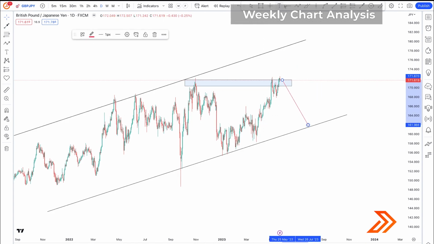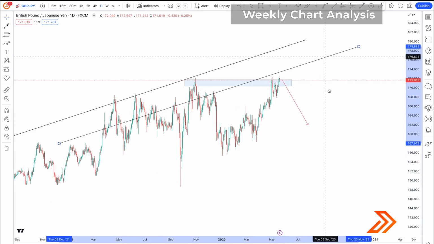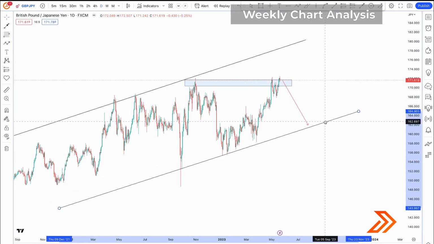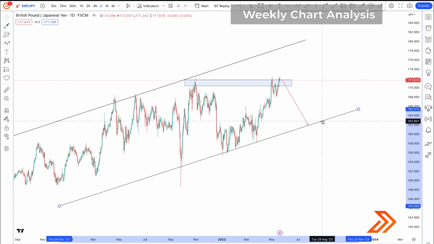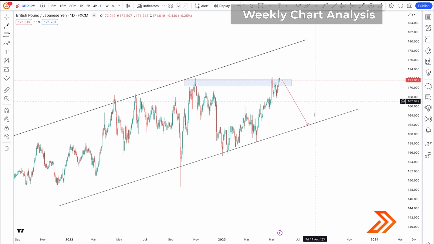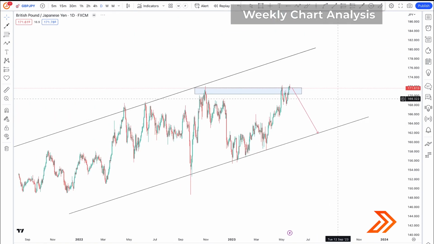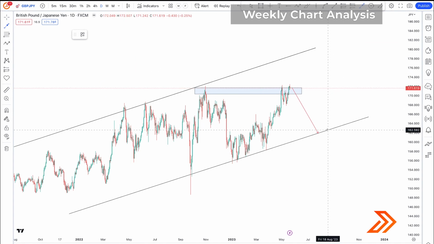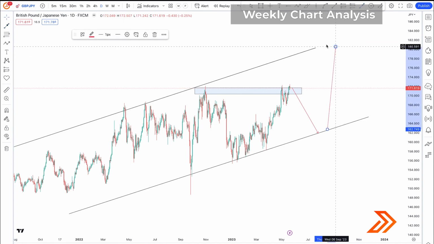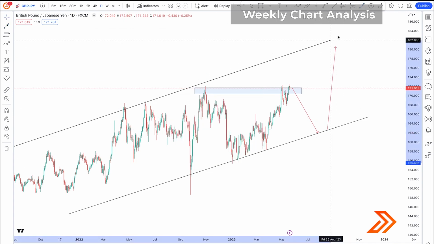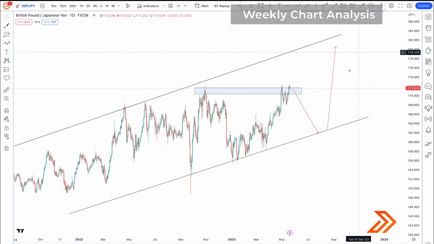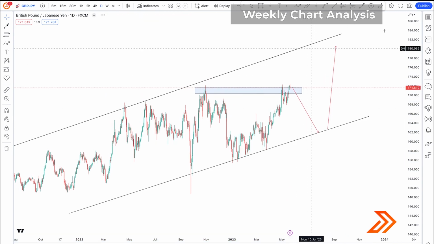So this is what I'm majorly expecting: price retesting this low, and then we're going to see movement like this, price going back up. All right, so this is what would majorly be my bias on pounds JPY.